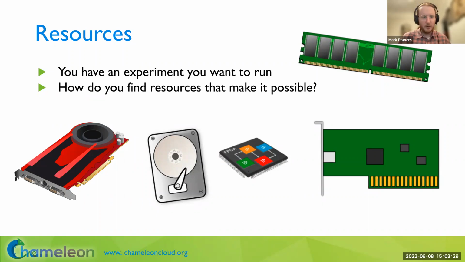For example, maybe you need some GPU to run a machine learning experiment. Maybe you need lots of storage. Maybe you're working with storage hardware directly. There could be networking equipment you need, FPGAs. Maybe your experiment requires lots of memory. But the question is, how do you find that sort of stuff on Chameleon?